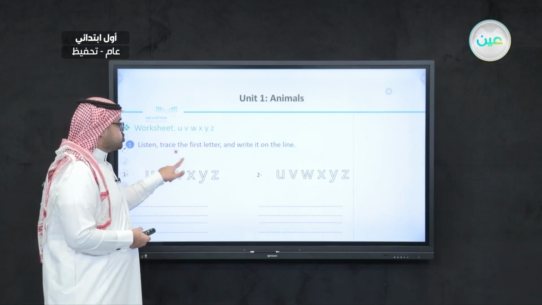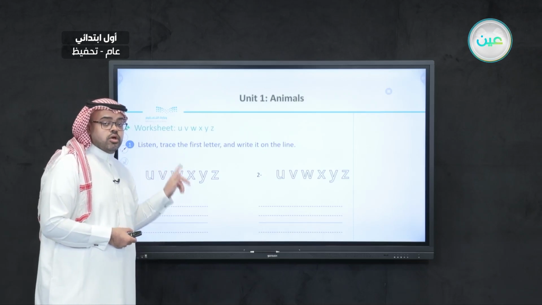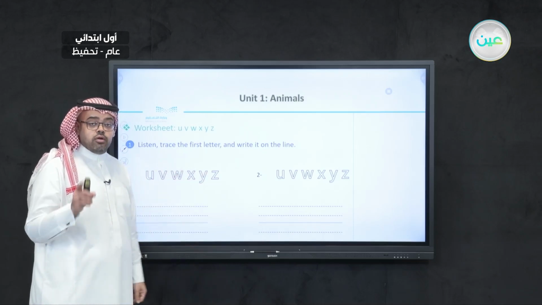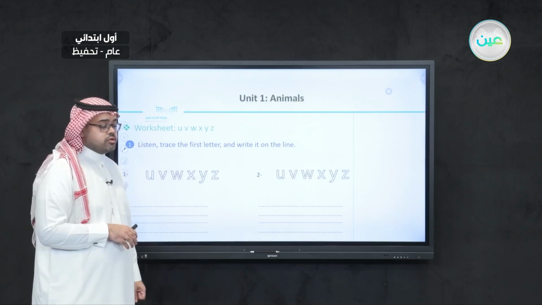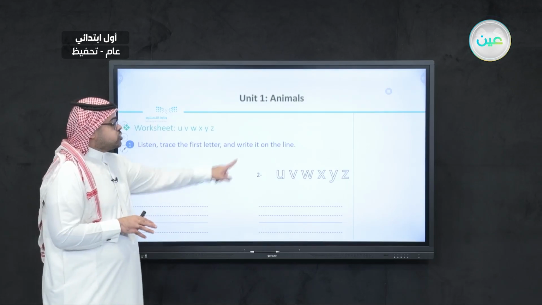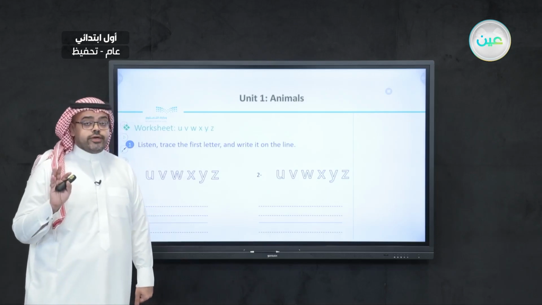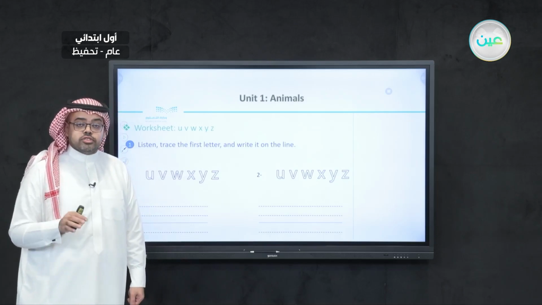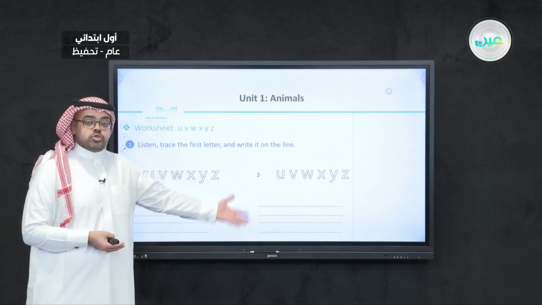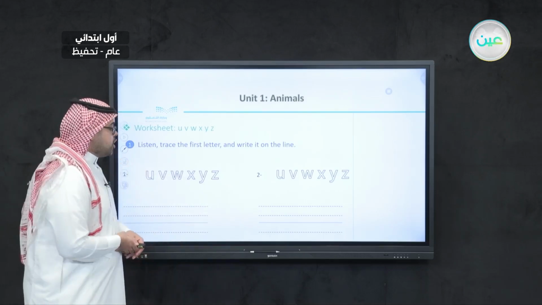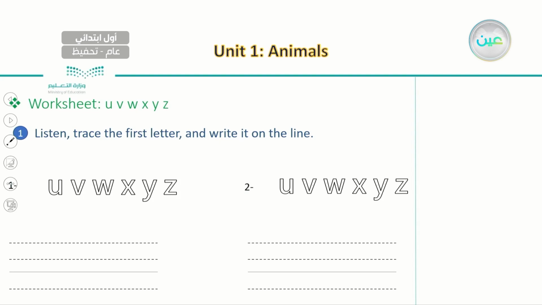Also, we're going to trace the first letter we heard, and write it here on the line. So let's listen, trace and write the first letter so we can know what we should do with the rest. Let's start with number 1.